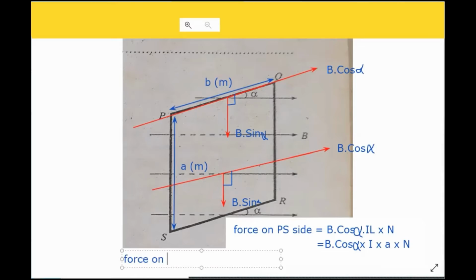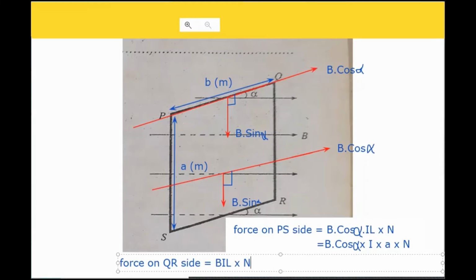Force acting on QR side equals BIL is the force acting on one wire. There are capital N number of wires because it says N number of turns. So BIL into N. The perpendicular component is B cos alpha.